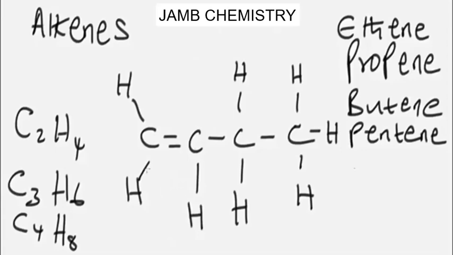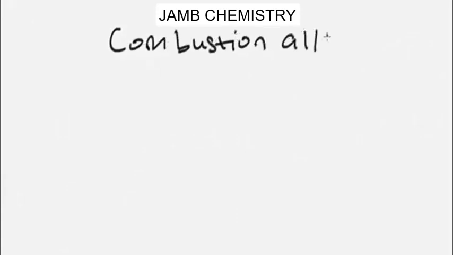Before we end this class, let's wipe this and look at the combustion of alkenes. Now note that in a large amount of oxygen, alkenes combust completely to produce only water and carbon dioxide as products.